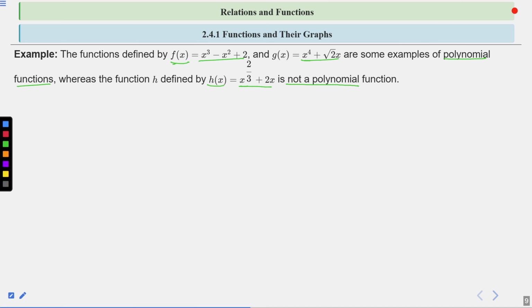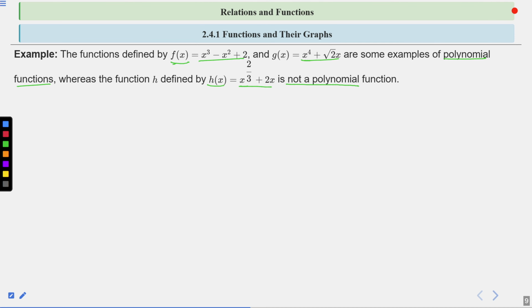Why? Because in this case we are having x raised to the power 2 by 3, which is not a non-negative integer. If you recall the definition, if you recall the form, we want the exponent of x must be non-negative integers. Clear?